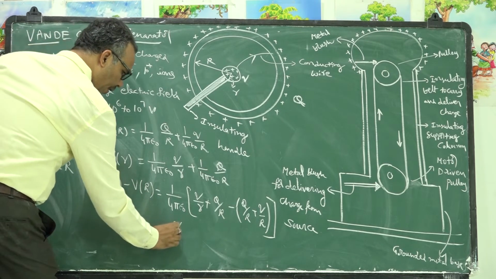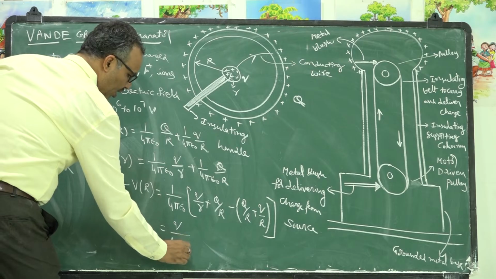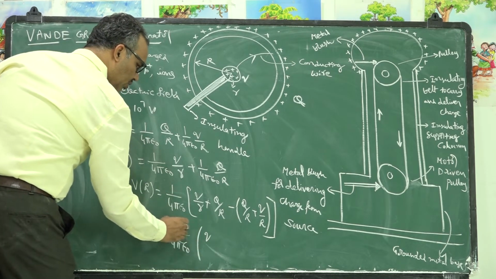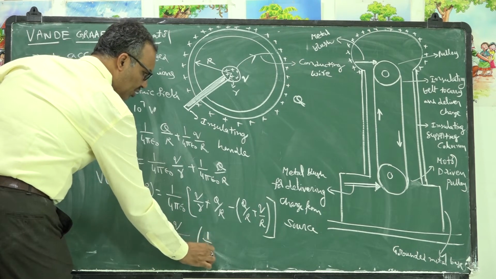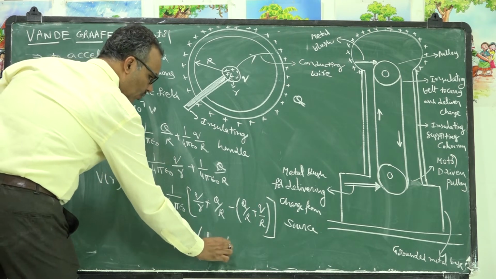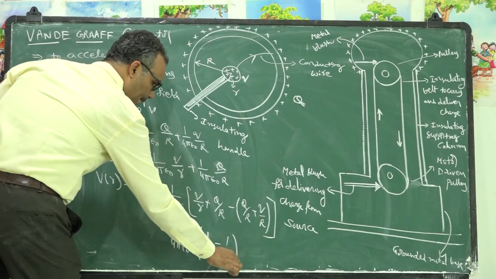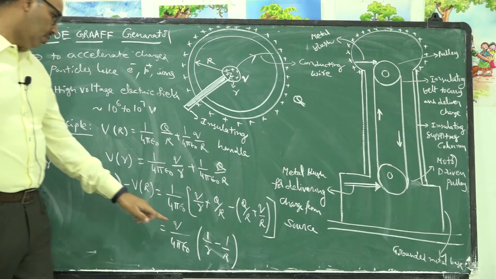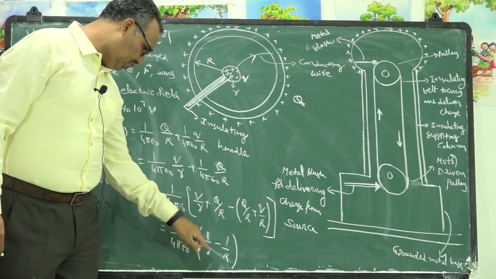You will get q by 4 pi epsilon naught, and small q also came outside, so you are left with 1 by small r minus 1 by capital R. As small r is less than capital R, its value is always positive.